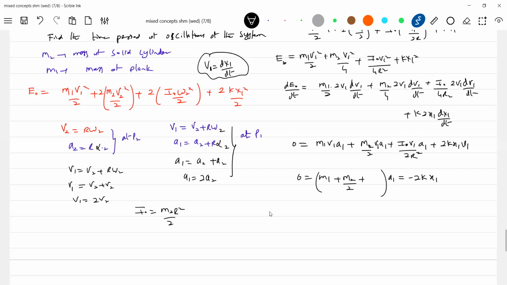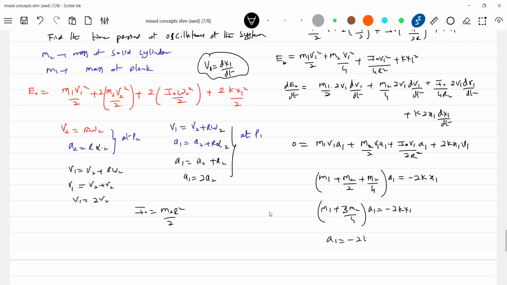So this will become m2 by 4. So we'll get one more step: 3m2 by 4. This will be much easier, no?